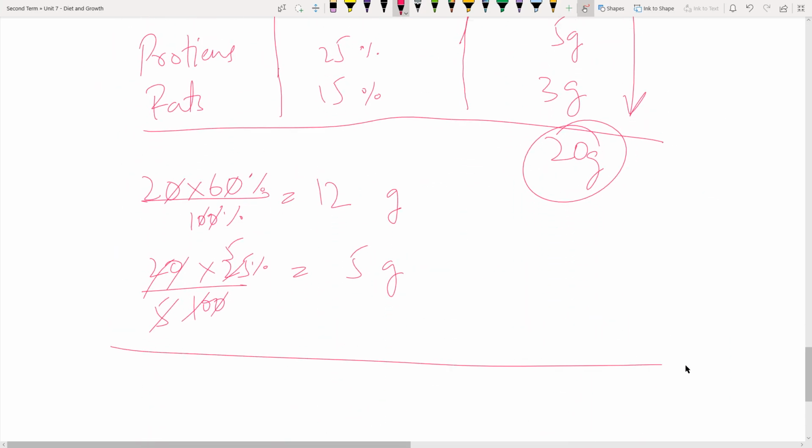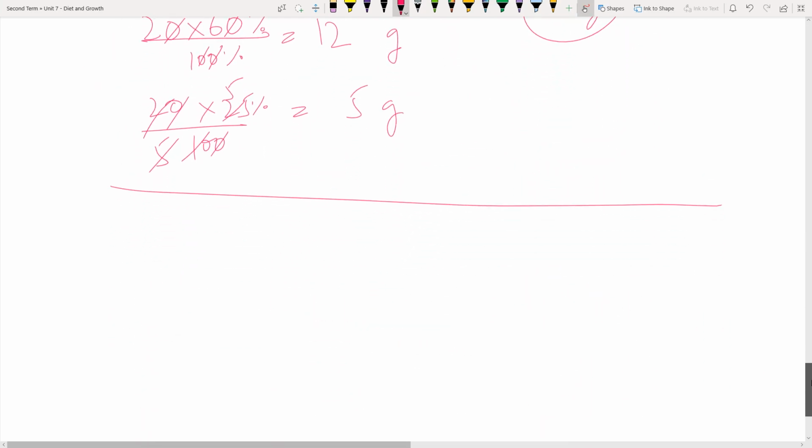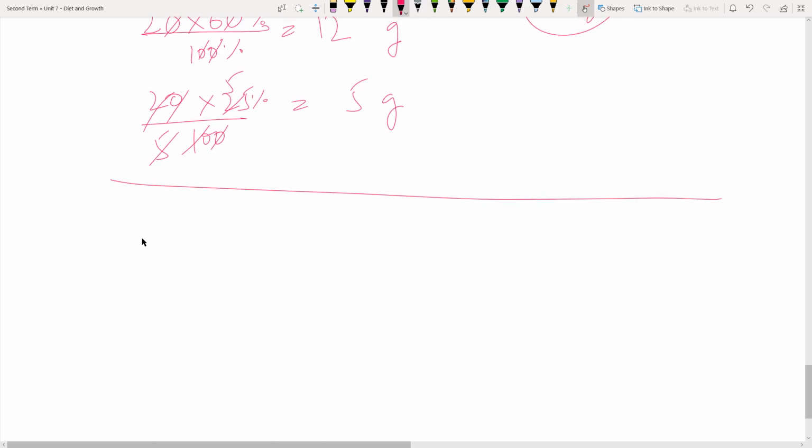Now, in some questions in the workbook, we found that not all mass is listed, right? So if not all mass is listed, then what to do?